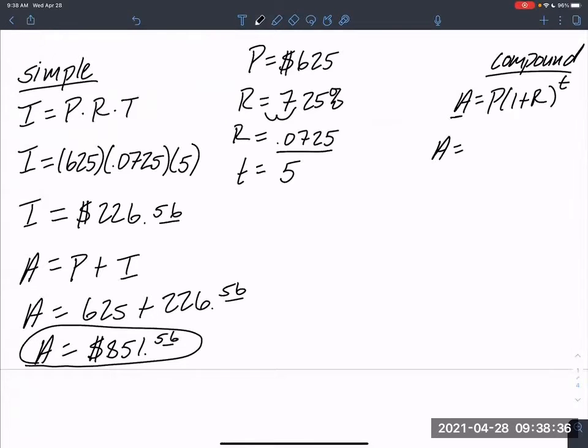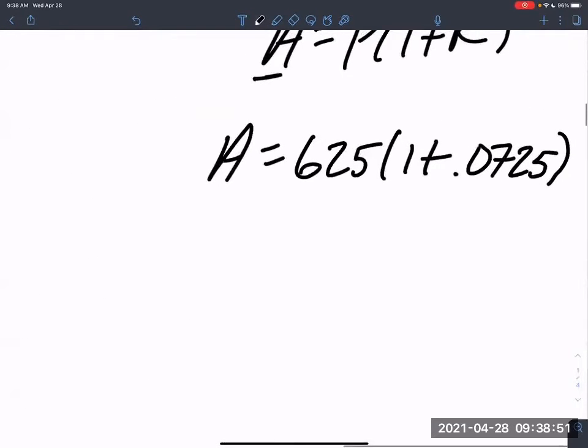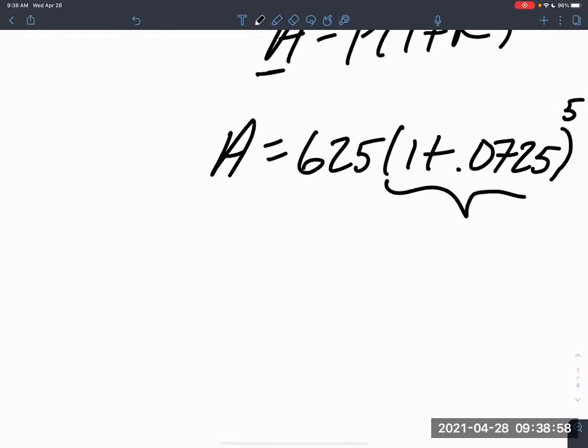So amount is principal, $625, 1 plus the rate, 0.0725, raised to the 5th power. Okay? So the first thing you want to do is handle this right here.